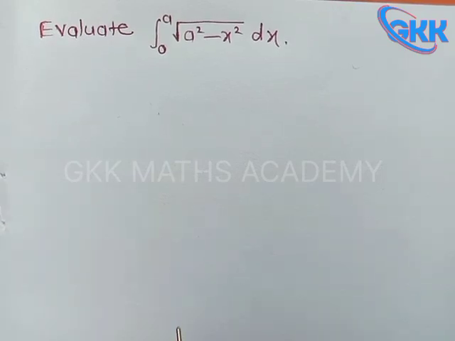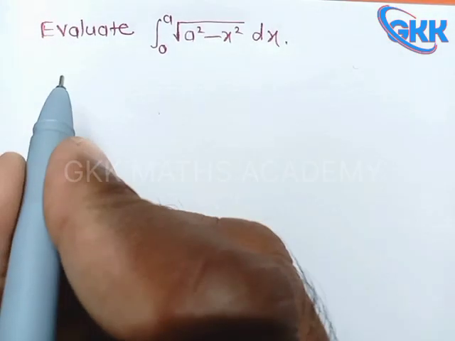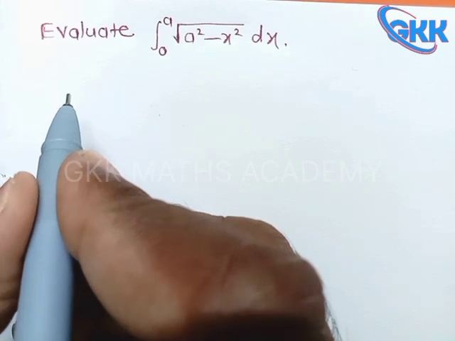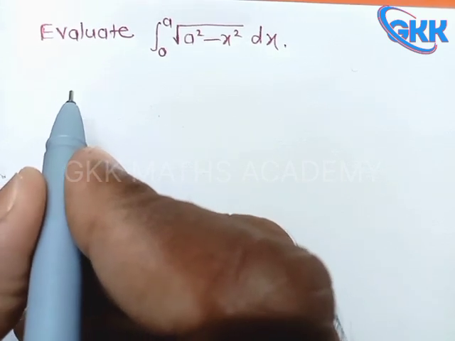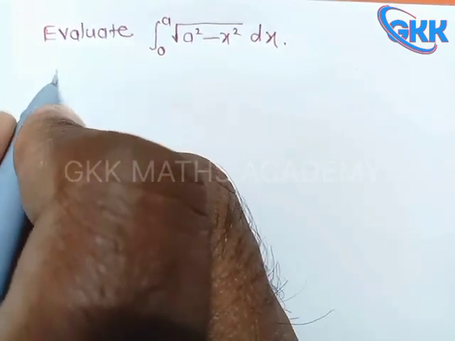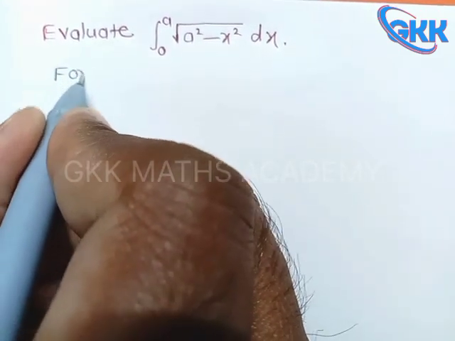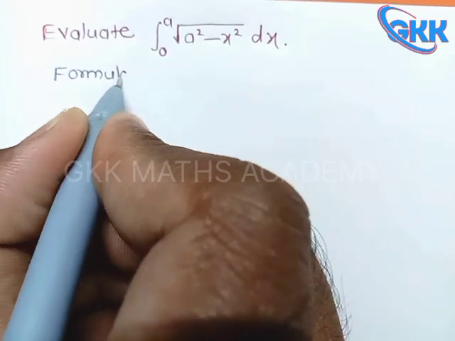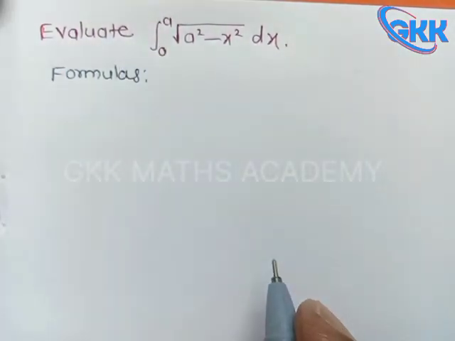Hi students, we'll discuss how to evaluate the integral from 0 to a of the square root of a square minus x square dx. For this one, we need formulas.